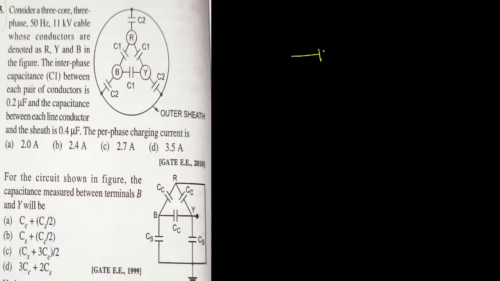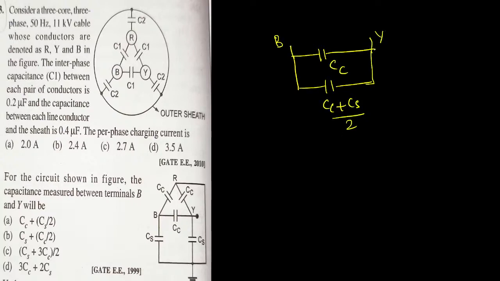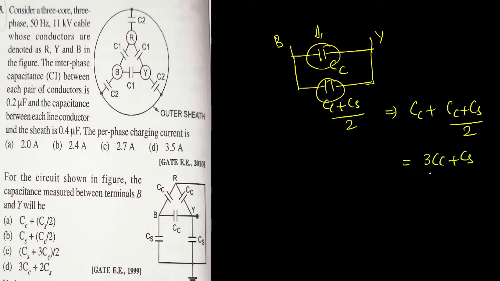So finally, CC plus CS by 2. This is CC, this is B, this is Y. If you observe from here, this capacitor and this capacitor are both connected in parallel. So what is the net value? CC plus CS by 2. Add them: 2CC plus CC becomes 3CC plus CS by 2.